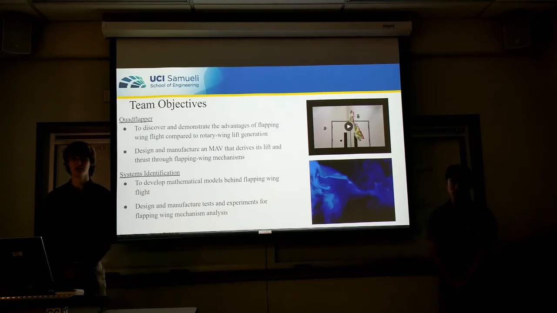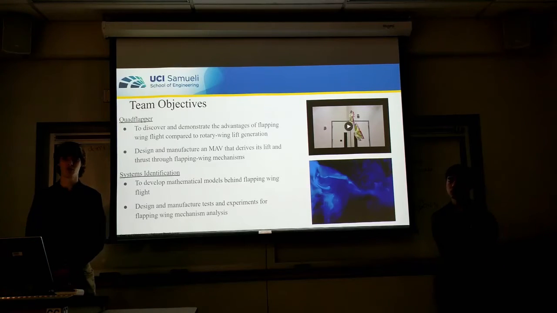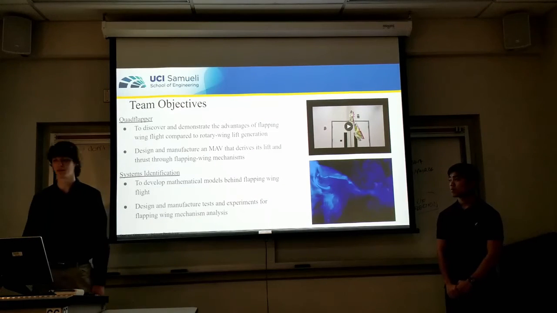Our second goal is to design and manufacture a micro air vehicle which satisfies DARPA's requirement of being less than 15 centimeters in each principal direction. Both of these quad flappers will derive their lift and thrust through flapping wing mechanisms.